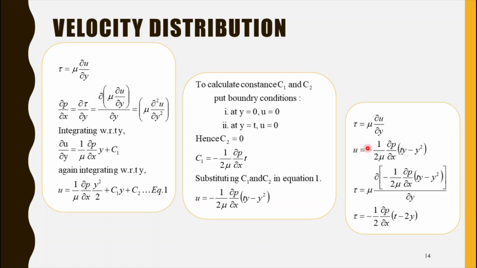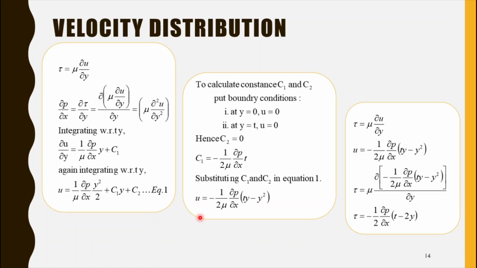By putting this and solving, we get tau is equal to minus 1 by 2 del p by del x (t minus 2y). So this is our shear stress equation, and this is our local velocity equation.